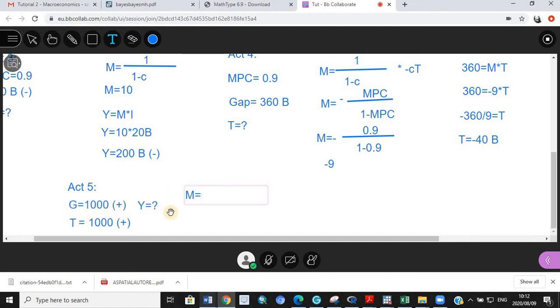Okay, and for now, let me tell you that in terms of these multipliers, the tax multiplier is always smaller than the government spending multiplier.